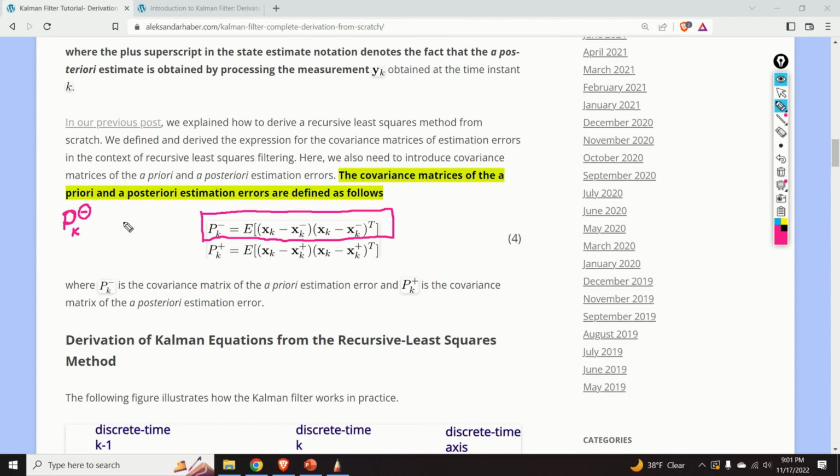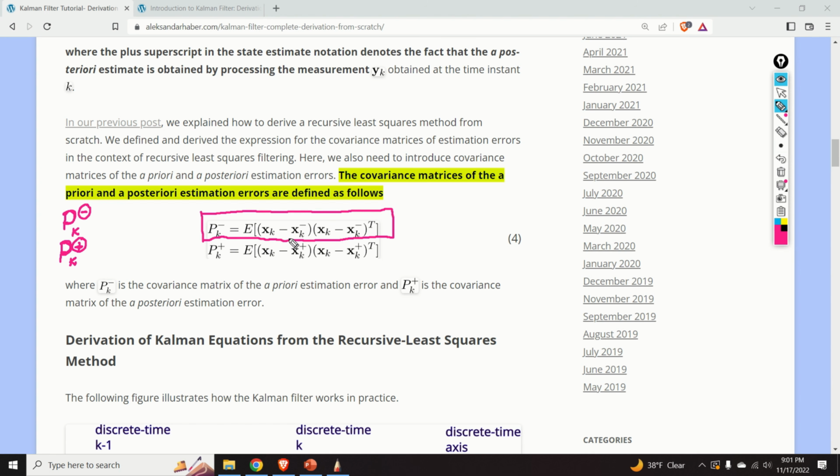That is, it takes into account the a priori state estimate, as you can see over here. Similarly, we define the a posteriori covariance matrix of the estimation error. P denotes the covariance, k denotes the discrete time instant, and the plus symbol stands for the a posteriori covariance matrix.